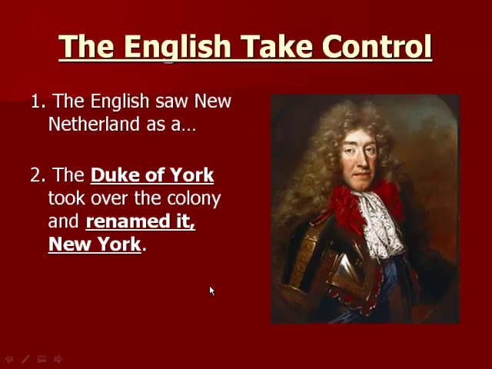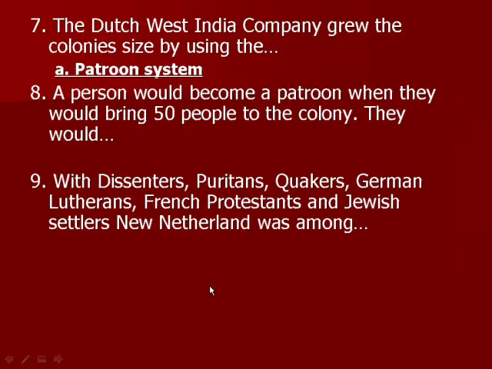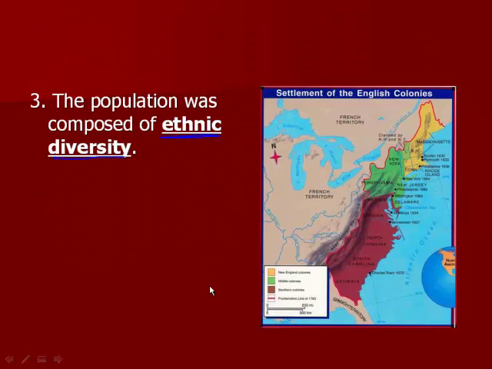Now, the English saw New Netherland as a threat. So if we go back to this map real quick, you will see that England controls the northern part up here in New England, and they also control the southern part down here in the southern colonies. Now, the problem is New Netherland holds this area in the middle.